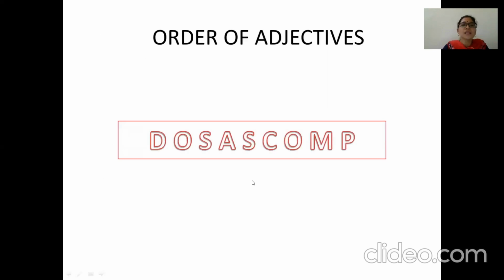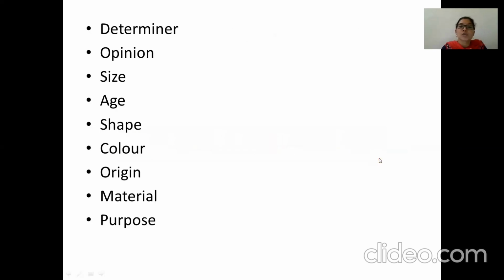We will simply learn a short form, that is DOSASCOMP. So letter D stands for determiner, O stands for opinion, S for size, A for age, S for shape, C for color, O for origin, M for material, and P for purpose.